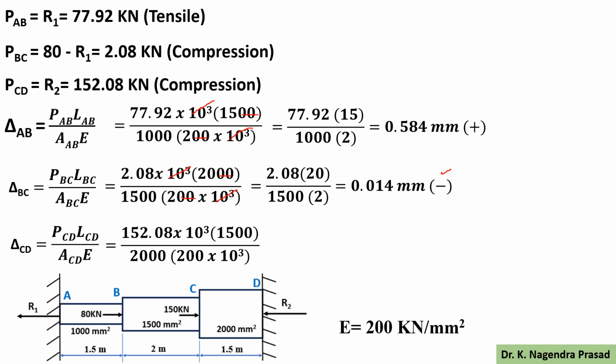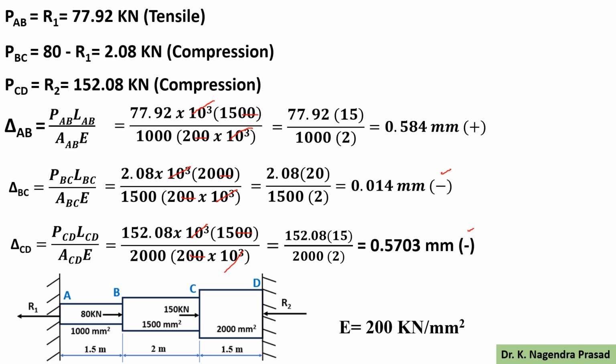Here 10 cube and 10 cube cancel, and double zeros also cancel. Then the equation becomes 152.08 into 15 divided by 2000 into 2, which is equal to 0.5703 mm. The nature of the forces acting on portion CD is compressive, so for the deformation of CD we use the minus symbol.